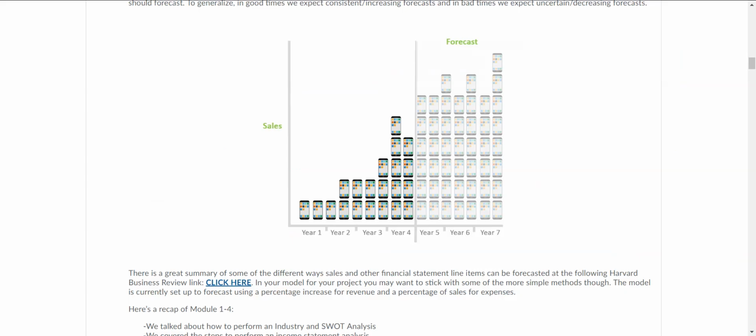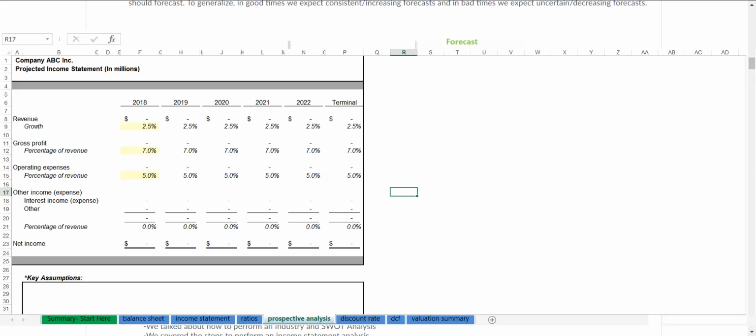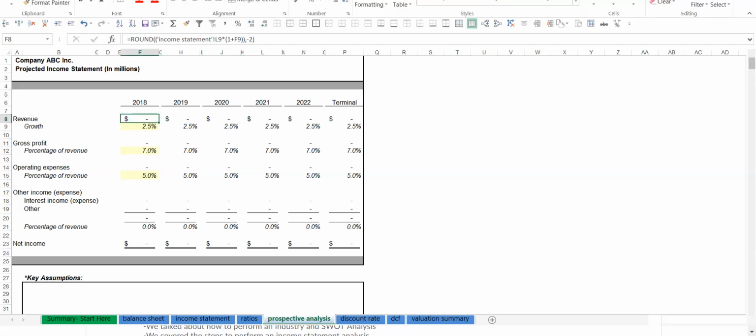It's a pretty good read, but you don't have to read it in order to make projections. You can just use what's available in the model. Here's the model template, and it already has built into the model a mechanism to help you project.